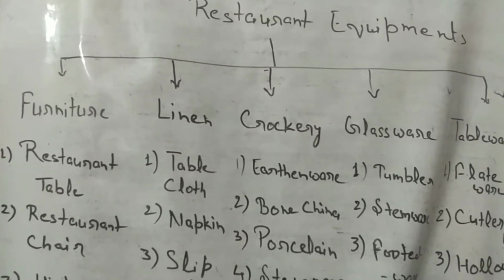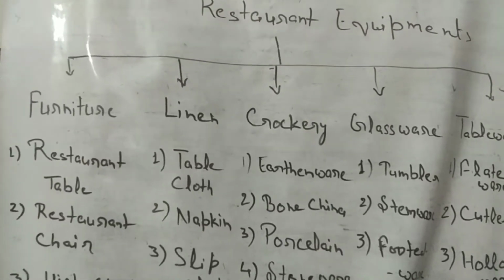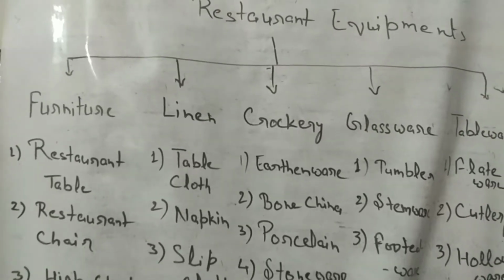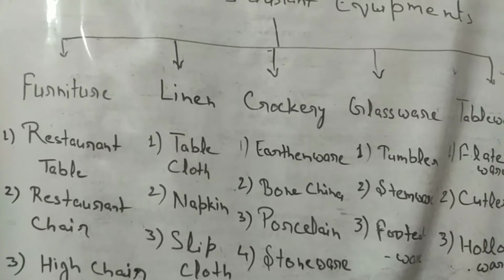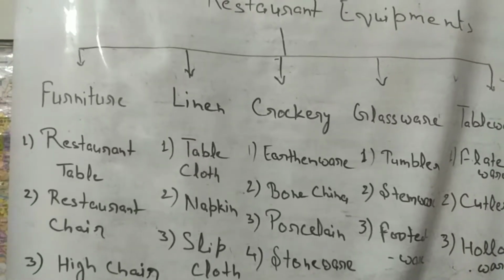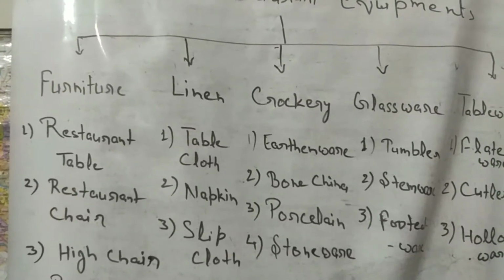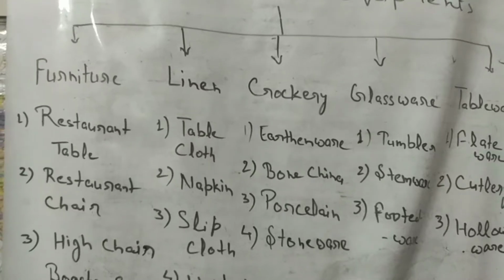Now about restaurant tables. Restaurant tables come in various sizes and various shapes. It may be square, maybe rectangular, maybe round. Now restaurant chair. Restaurant chair, I think everybody is aware about that.